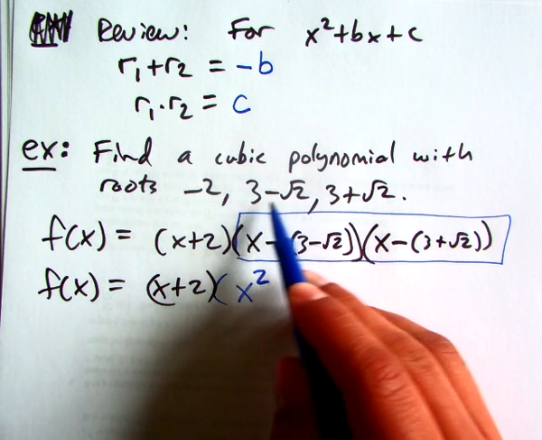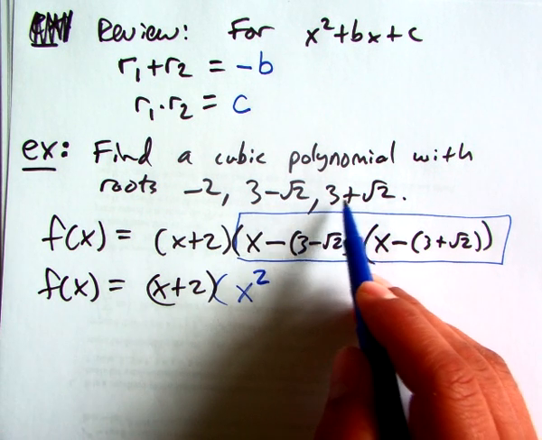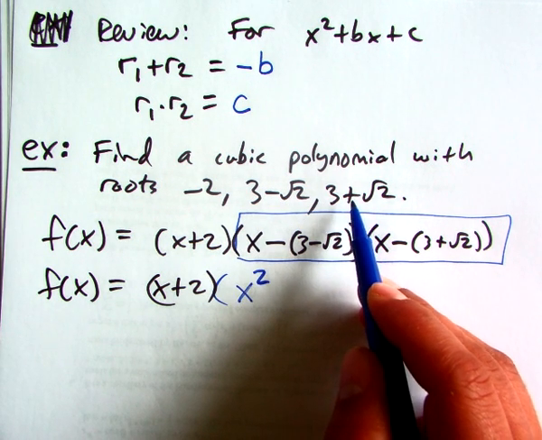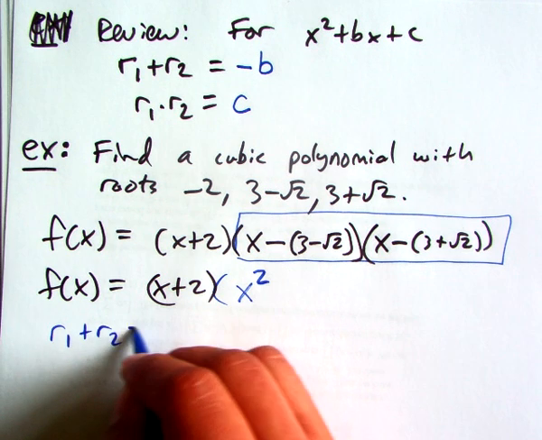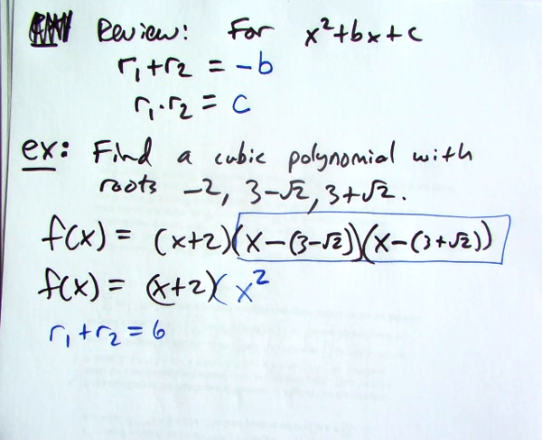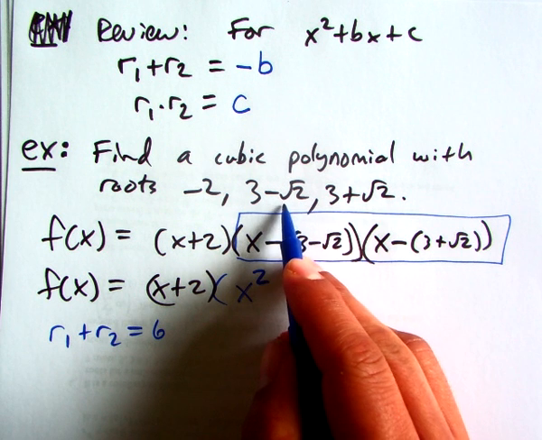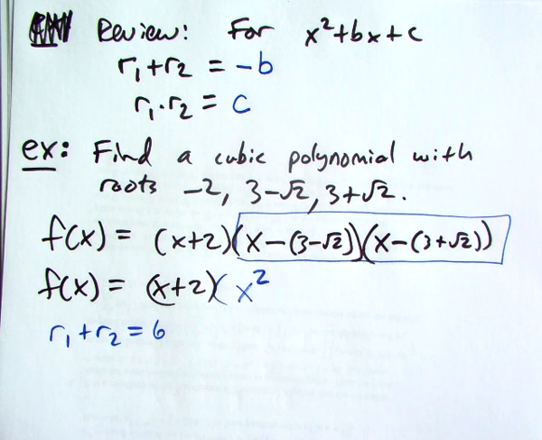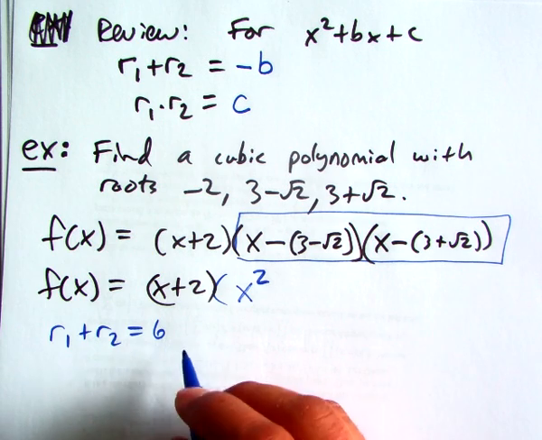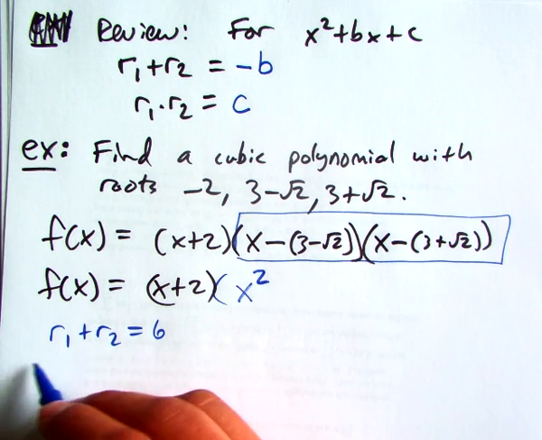What's 3 minus root 2 added with 3 plus root 2 going to be? 6. R1 plus R2 is 6. 3 plus 3 is 6. The negative root 2 and the positive root 2 cancel out when you add them up.